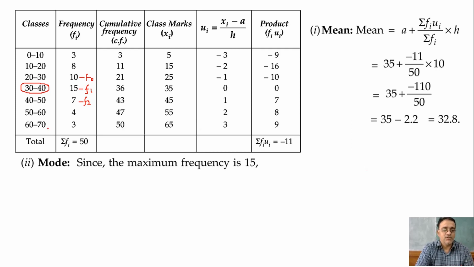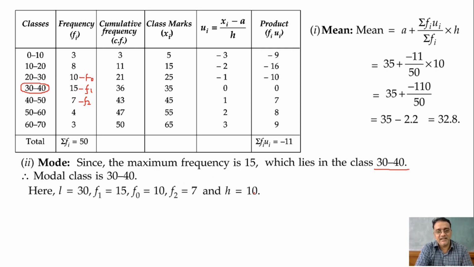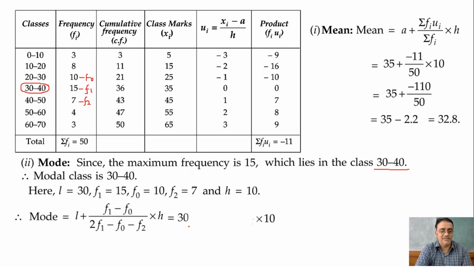The modal class lies in the class 30 to 40, so the modal class is 30 to 40. L is 30, F0 is 10, F1 is 15, F2 is 7 and H is 10. Now we'll write the formula and substitute: 30 plus (15 minus 10) upon (2 into 15, 30 minus 10 minus 7).